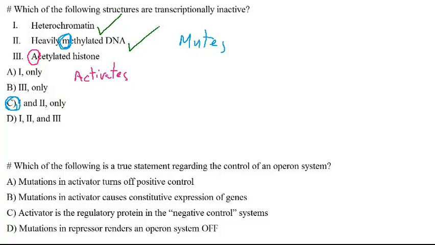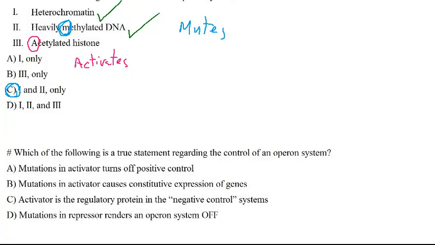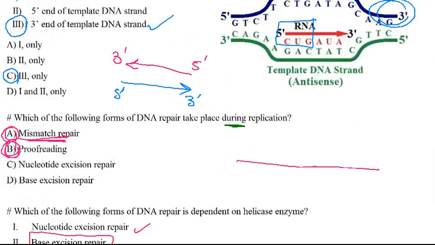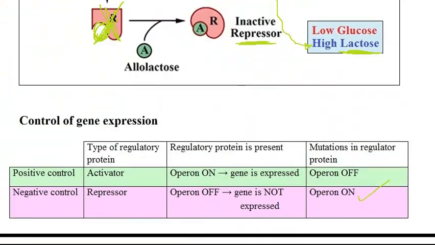And then the final question to answer right here is, which of the following is a true statement regarding an operon system? Mutations in activator turns off positive control. Okay, so activator, we just discussed that positive control has activator while negative control has repressor.